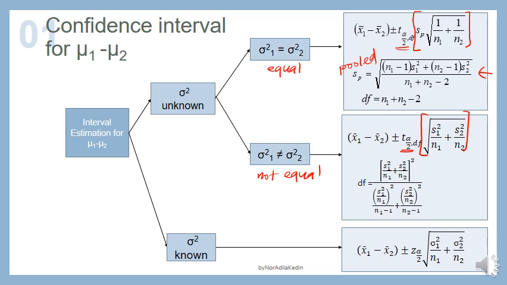But if not equal variance, then dia punya degree of freedom is a bit tedious lah nak cari. Okay, tapi kadang-kadang atau most of the time sebenarnya degree of freedom ini diberi dalam your SPSS output. Okay, but if you were given the population variance or standard deviation, okay, so you pakai Z table.